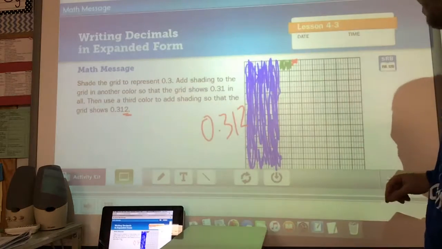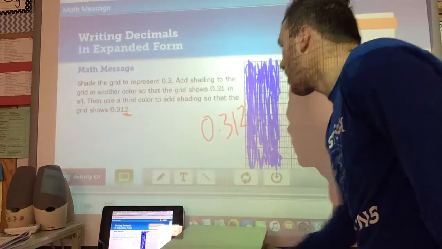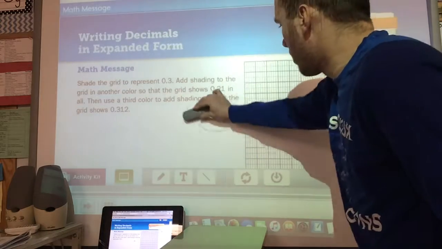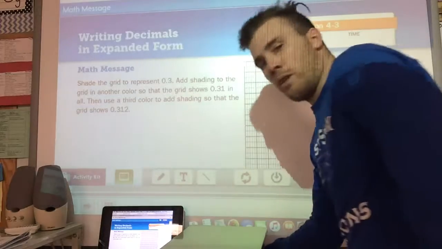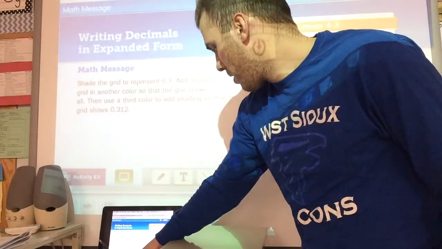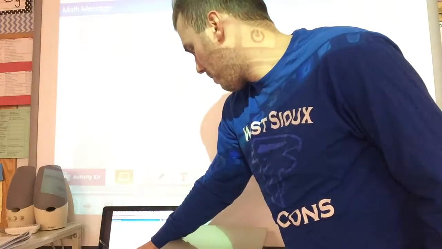For our next part of our lesson, we are going to write decimals in different ways. We've kind of done it with our other math pages, but here's what this would look like.